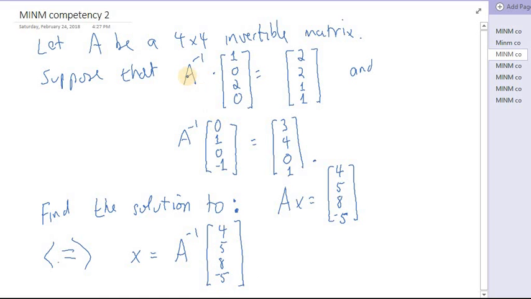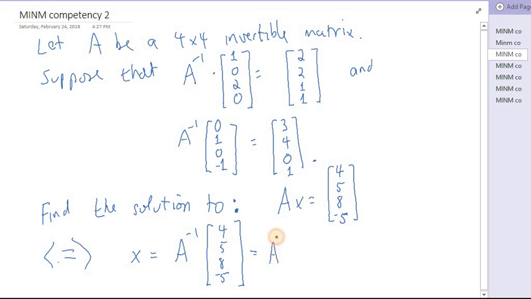Well, we have some information about A inverse. A inverse of (1, 0, 2, 0) is this. A inverse of (0, 1, 0, -1) is this. Now, if you take a look at this vector, (4, 5, 8, -5), I can assemble it from these two vectors fairly directly.